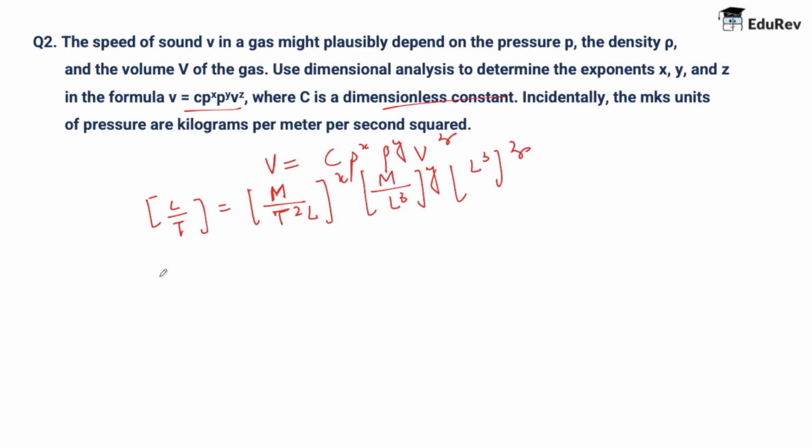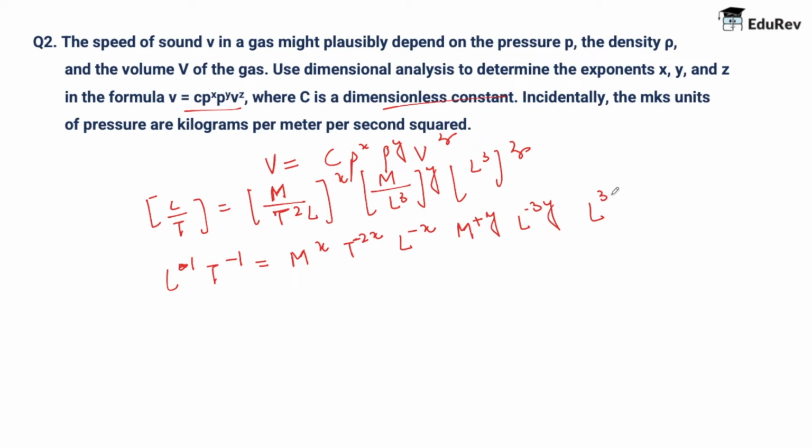Now when I'm going to solve it further, it will be L to the power 1 T to the power minus 1 equals M to the power x, T to the power minus 2x, L to the power minus x. Similarly, M is y, L is minus 3y.